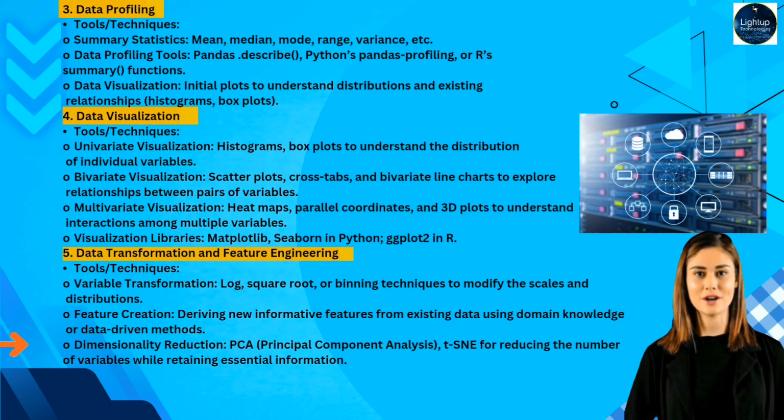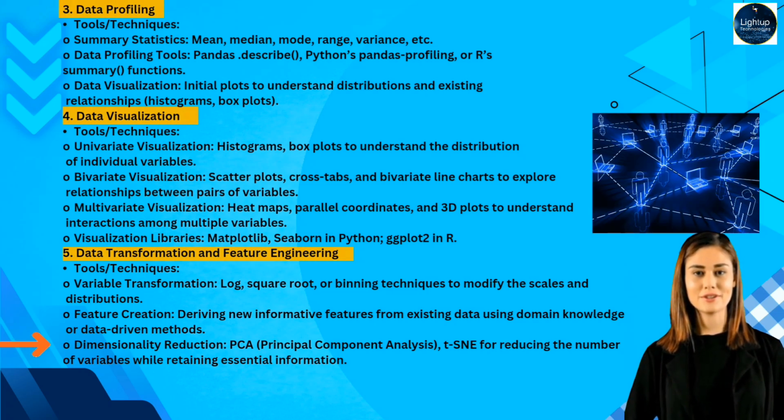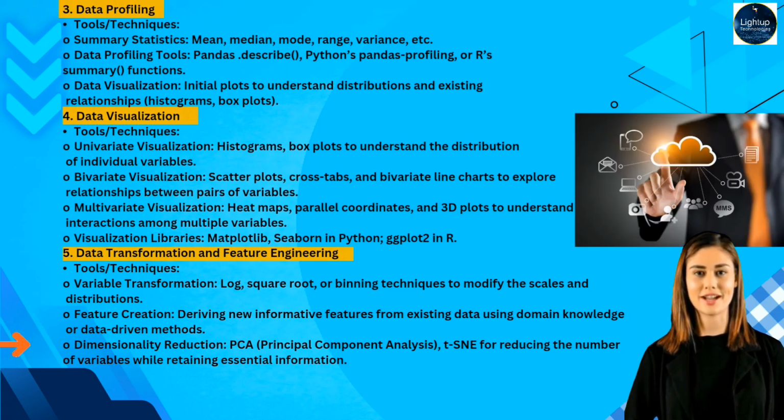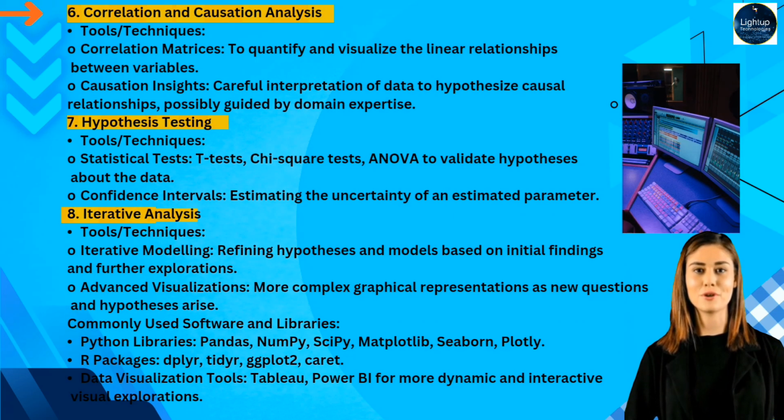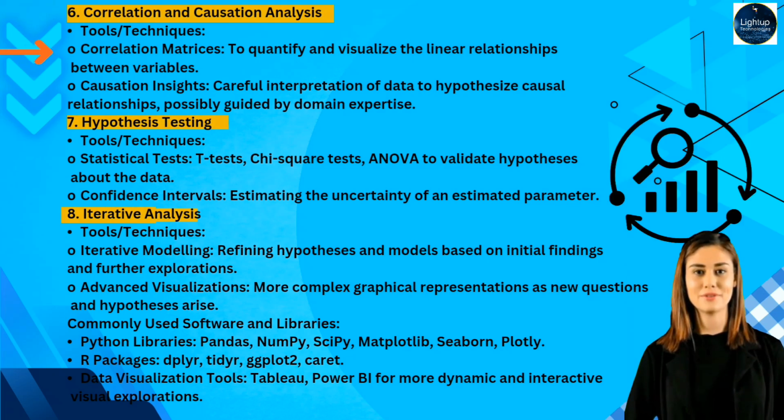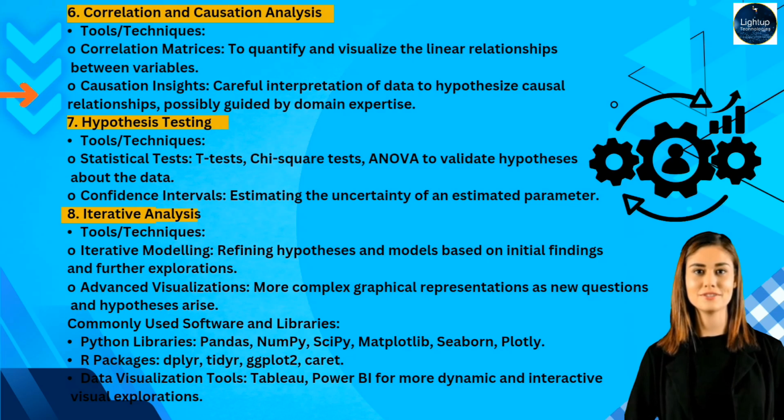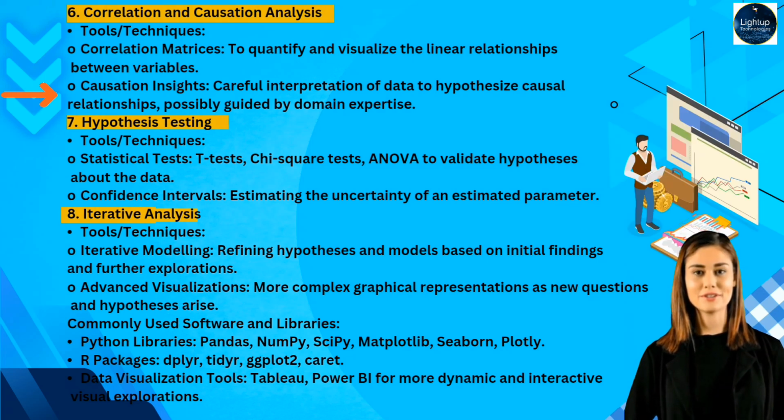Dimensionality reduction, PCA, principal component analysis, t-SNE for reducing the number of variables while retaining essential information. 6. Correlation and causation analysis. Tools, techniques, correlation matrices, to quantify and visualize the linear relationships between variables. Causation insights, careful interpretation of data to hypothesize causal relationships, possibly guided by domain expertise.